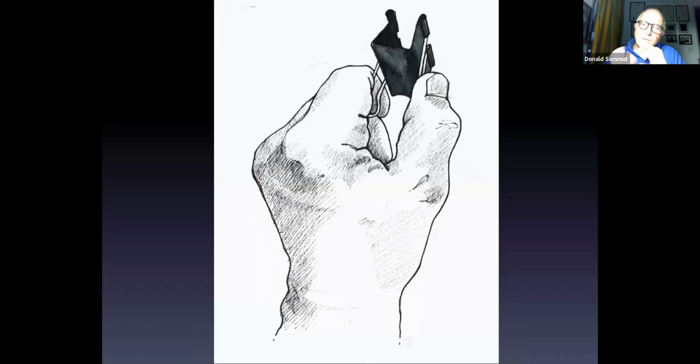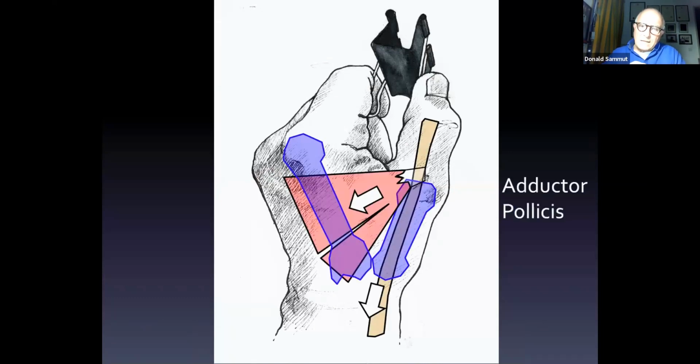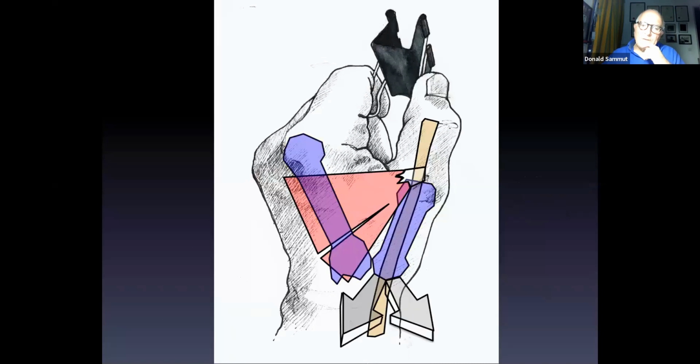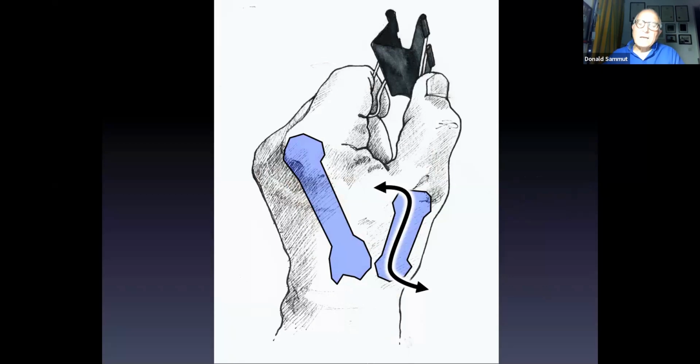Let's compare the adductor pollicis with the first dorsal interosseous. I'm using this drawing. The adductor pollicis, when it contracts, is going to pull the metacarpal head towards it, and therefore it's going to make the base of the metacarpal go dorsally and in a radial direction, which means that in this left hand with this action, it's going to make the metacarpal go counterclockwise.